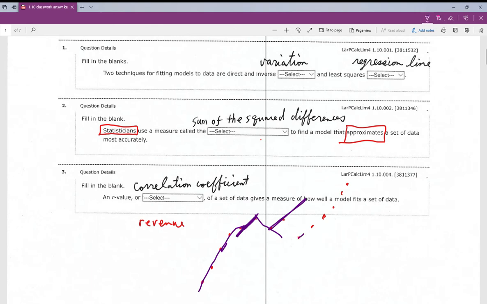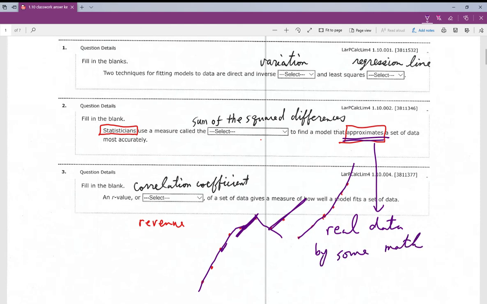Maybe you feel like, oh, it's a parabola again. Now it's just the approximate of the real data. You approximate the real data by some mathematical model.